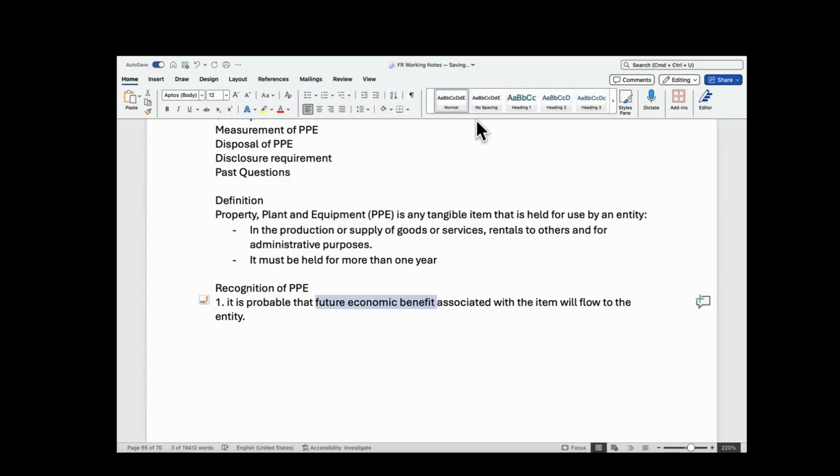It's clear that what we are talking about here is cash inflow or inflow of other benefits to the entity, either cash or non-cash, in as much as it's beneficial to the entity. So if it will flow to you, then good. So future benefit associated with the item is going to flow to you, then fine.